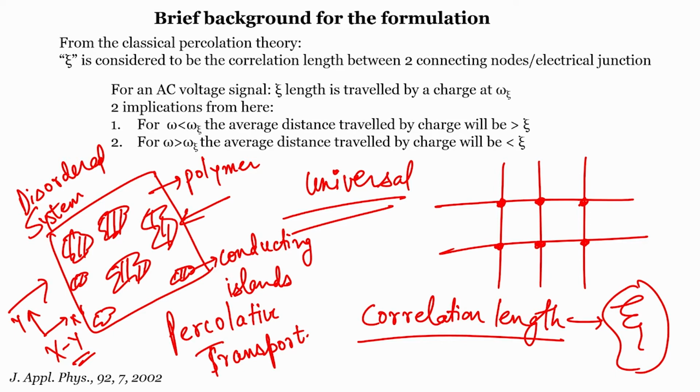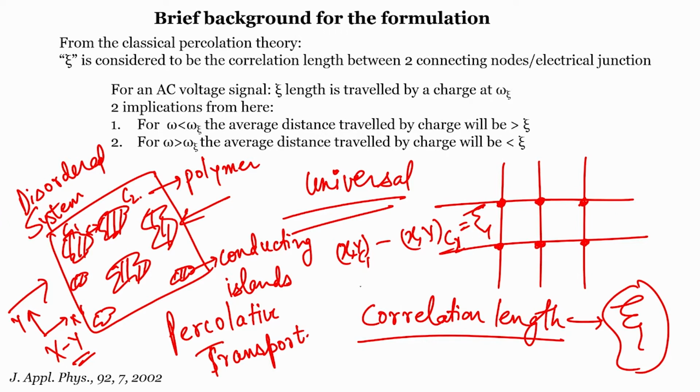I will repeat this statement because it is an important statement. How closely, what is the separation between these two conducting islands? So let's say this is conducting island 1 and conducting island 2. So what is the separation? x comma y C1 minus x comma y C2, and this is something we can write in terms of correlation length.